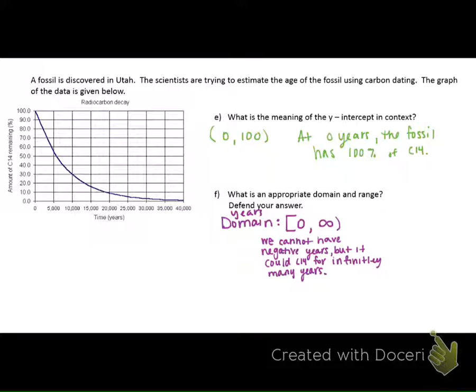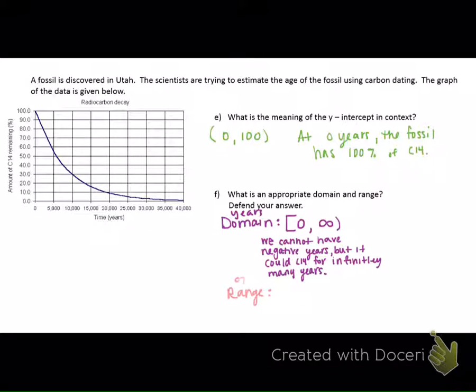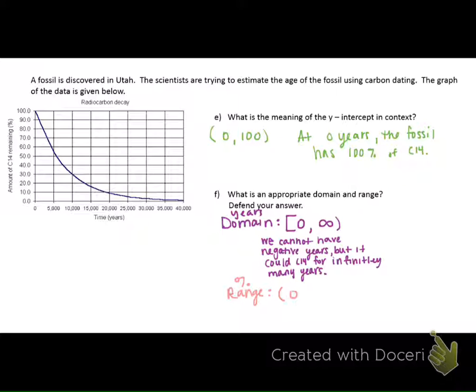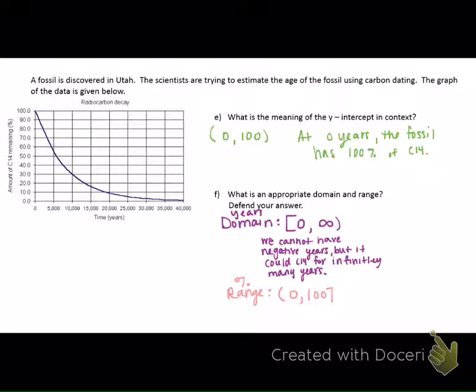So now let's talk about the range. What is the lowest percentage you could have? Since range is percent, what is the lowest percent you could have? Jenny? 0. And we'll never reach 0, so I use a parenthesis because that means not included. And then Jenny, what's the highest number of percent? 100. We never go past 100. That is included on our graph, so we use a square bracket.